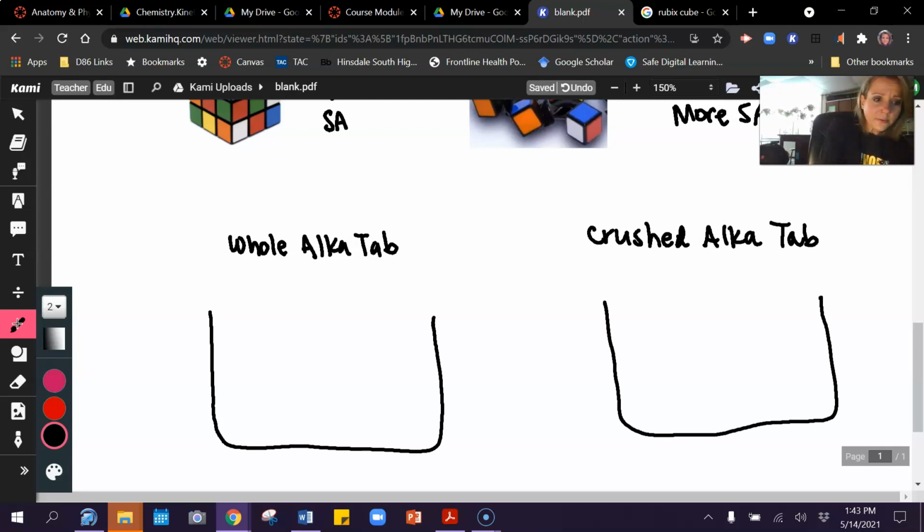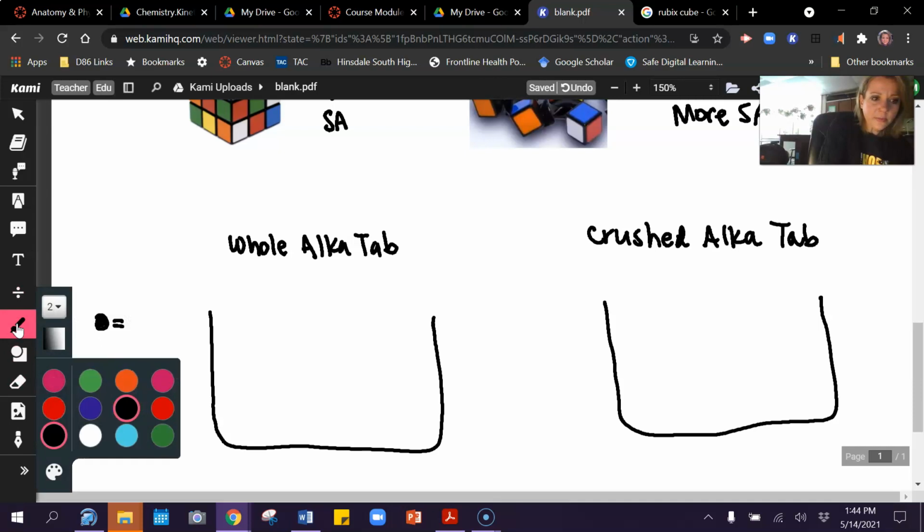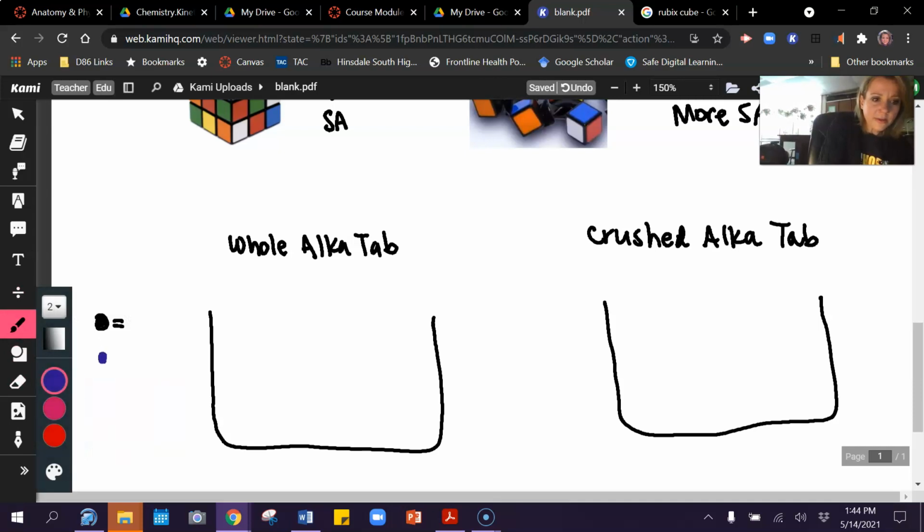For my Alka-Seltzer tablet, I'm just going to draw these little black circles like so. And then for my water, I'll use blue. So here's my water, and then here is my Alka. Okay. So my whole Alka-Seltzer tab, that's a solid.